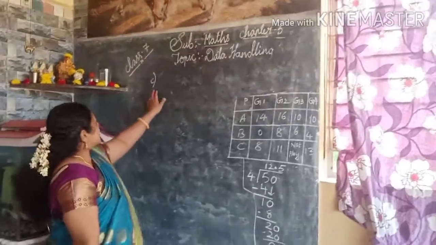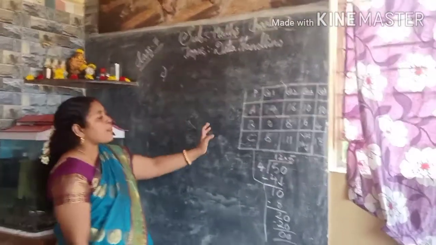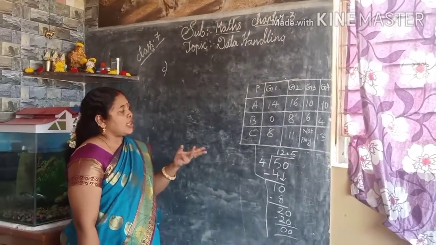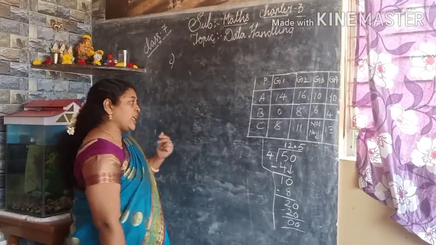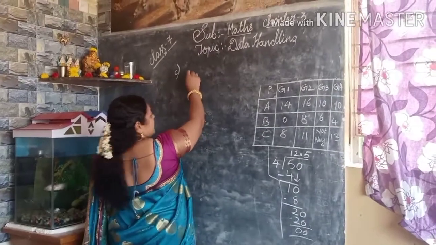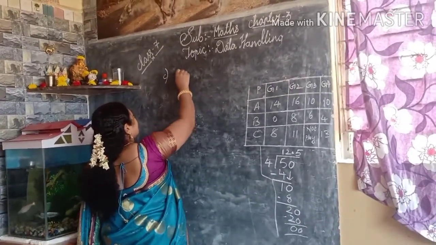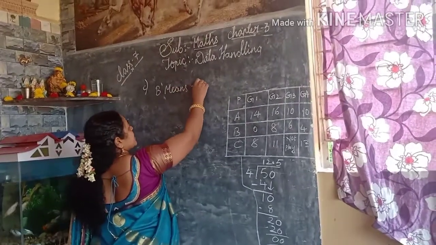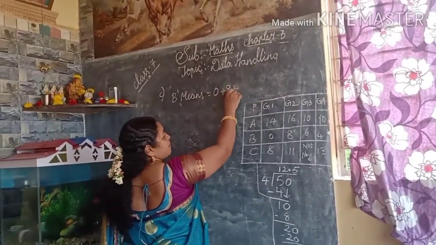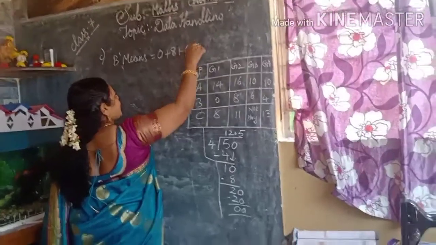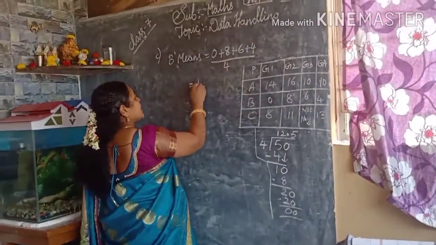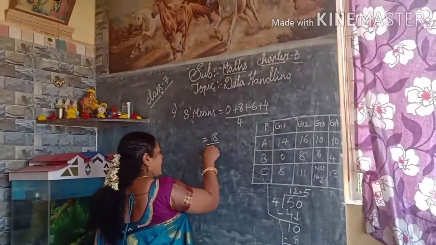Okay. The third one says that B has played all the 4 games. So whether B should be divided by 3 or 4. So here again, to find the mean of B, B's mean will be 0 plus 8 plus 6 plus 4 divided by 4, which means it is 18 by 4.